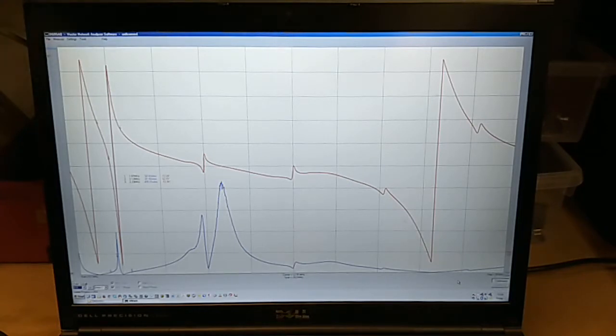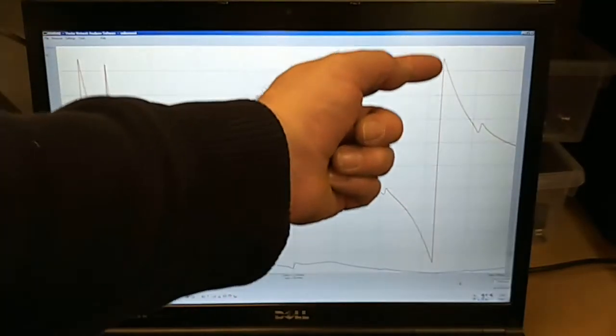So if we look at the results now, we can see these 3 distinct phase changes here.